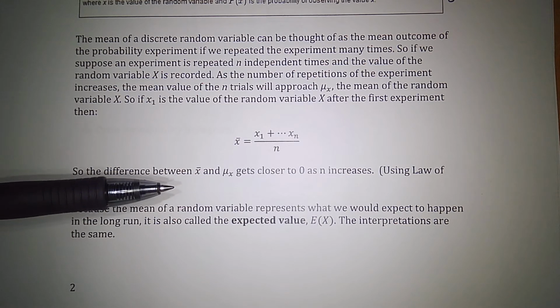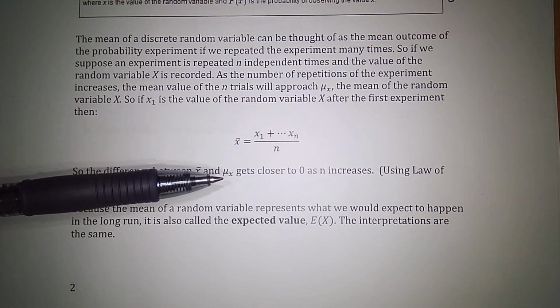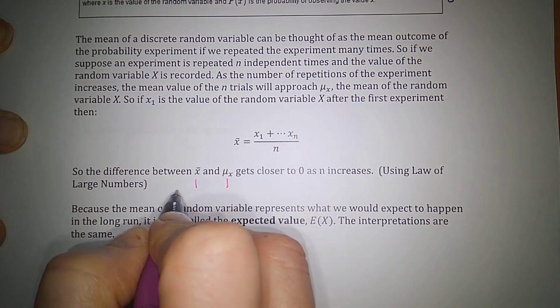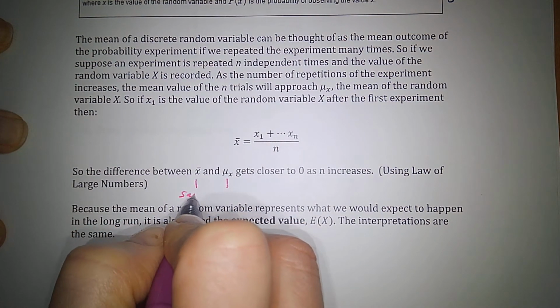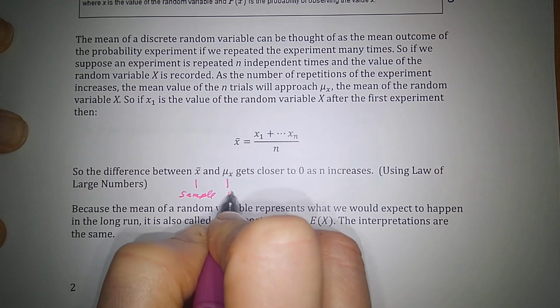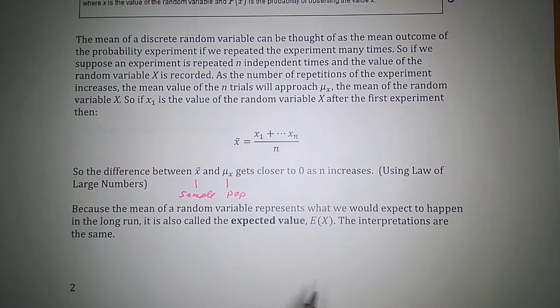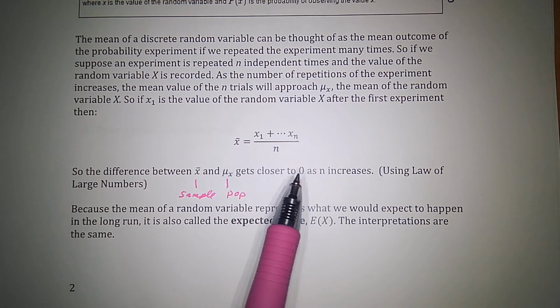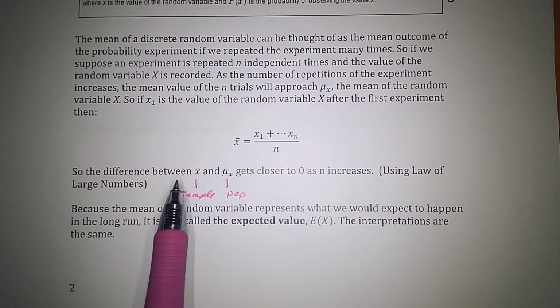The difference between x bar and mu: they both stand for mean, but x bar is the mean from a sample, and mu is the mean from a population. If we take a smaller sample out of the population and find the average of that smaller group, the difference between these is going to get closer and closer to 0 the larger the sample becomes. Again, that's using the law of large numbers.